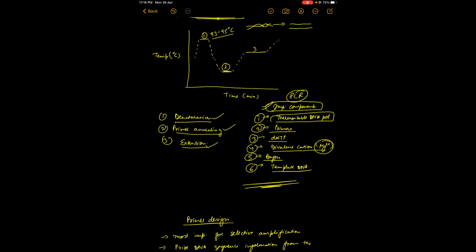After this the primer annealing takes place, at a temperature of 50 to 60 degrees Celsius. Okay, this temperature is very important because at this temperature the primers, that are specific for the template we are using, get incorporated at those sites.